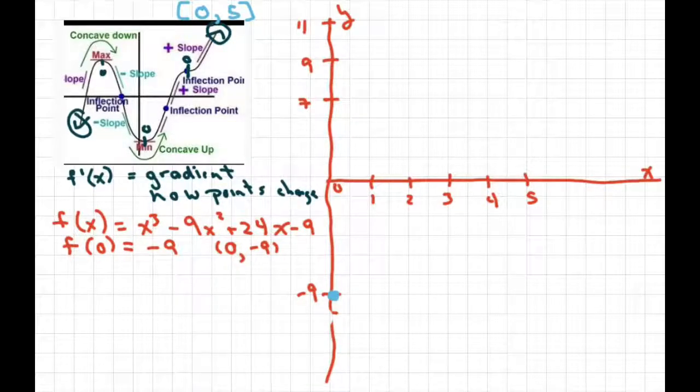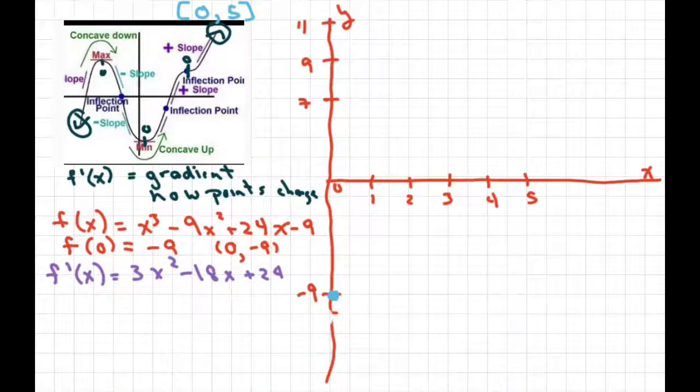All right, so let's take our first derivative of this. f prime of x equals 3x squared minus 18x plus 24. Now, to find your stationary points and their coordinates, we are going to set this to 0, because we want our gradient to be 0 to get the max and the min.